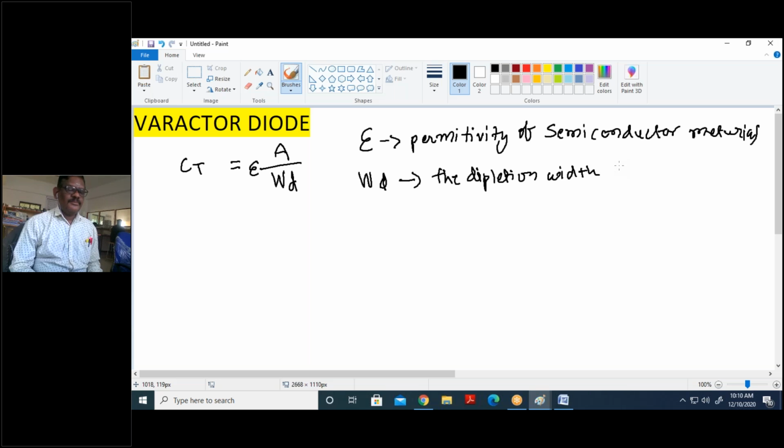In terms of the applied reverse bias, the transition capacitance is given by CT equal to K divided by (VT plus VR) whole power of n.